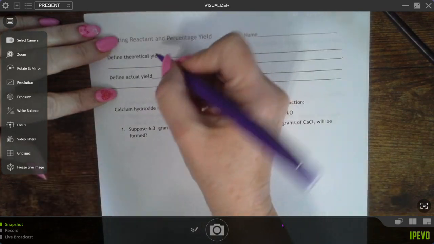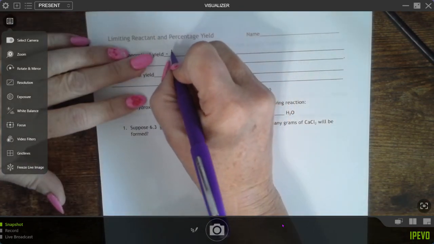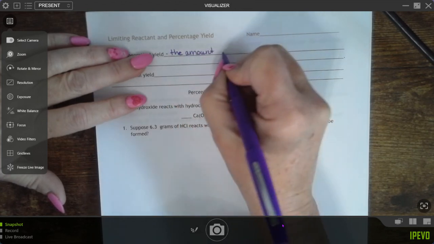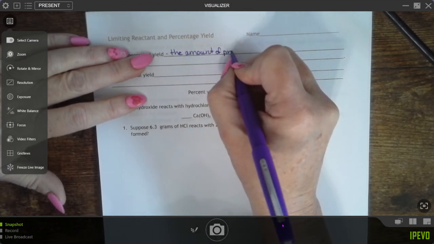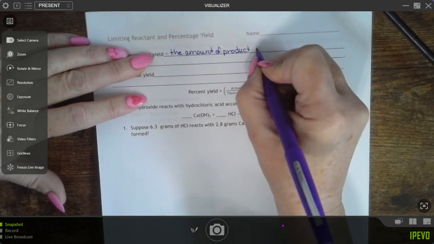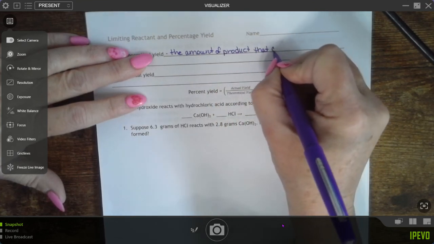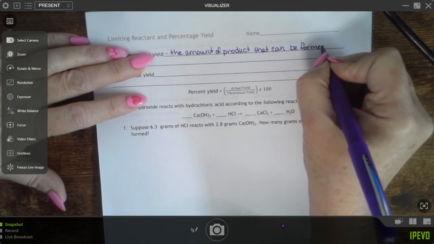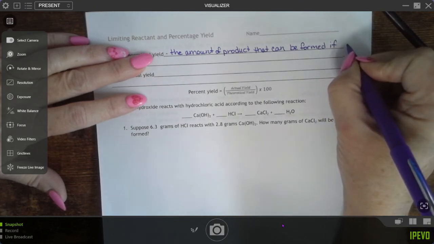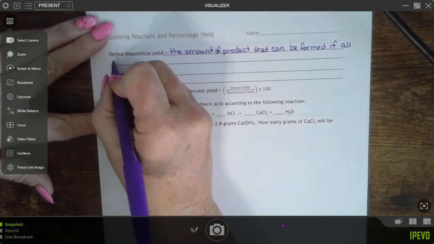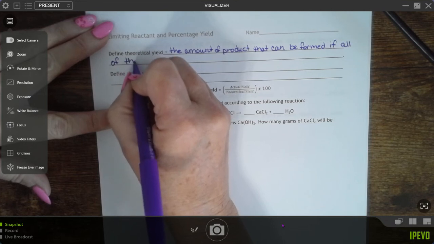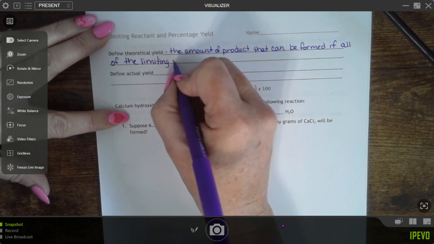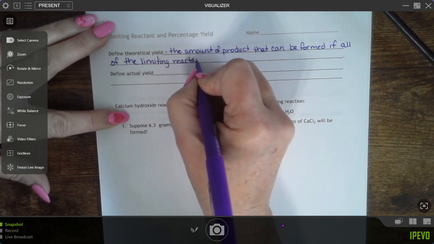Theoretical yield is defined as the amount of product that can be formed if all of the limiting reactants is used up.